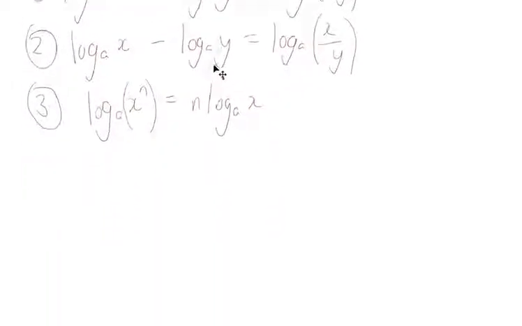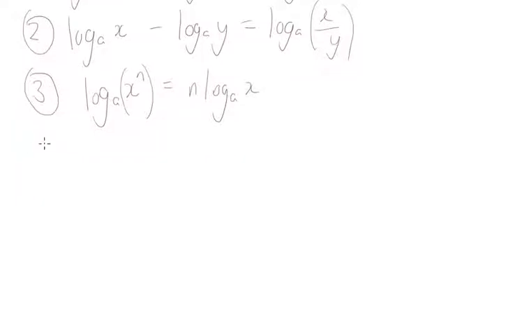Okay. Going down, log law number 4. So there are 3 main ones for now. Next ones are really just kind of definitions. So log law 4, if you have log base a of a, that's equal to 1. Okay. And you can prove this by putting it back into exponential form.